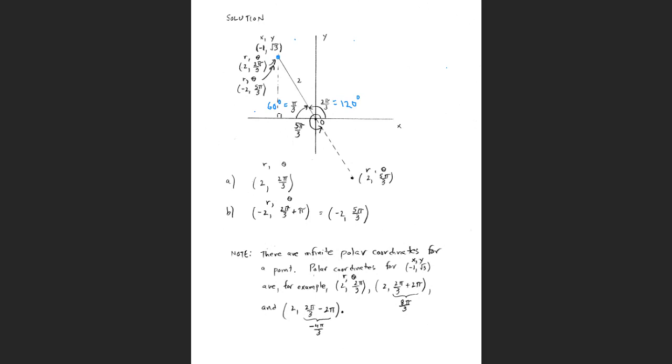So one of the polar coordinates would be (2, 2 pi over 3), where the radius is positive.